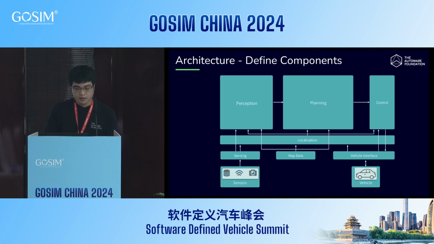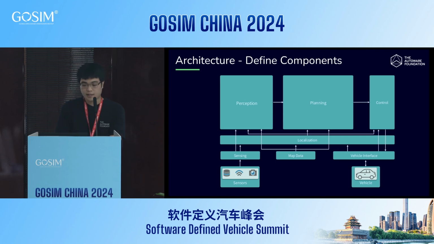So let me move on to a bit more description about how we achieve these software-defined vehicles. In order to comply with the concept of software-defined vehicles, we designed Autoware to work as a platform which is customizable, flexible, and extensible for different use cases, and also more feasible for a cloud-native development process.